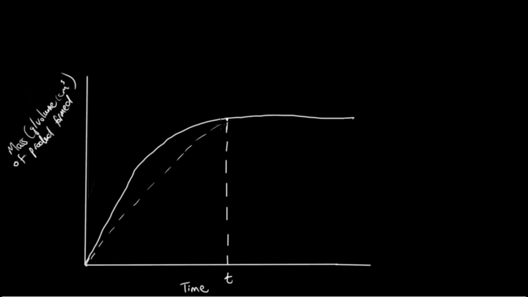This reaction occurs over here. We've got another time, so this is T1 and T2. We can obviously see that there have been two different reactions. This is the second one and this is the first one.